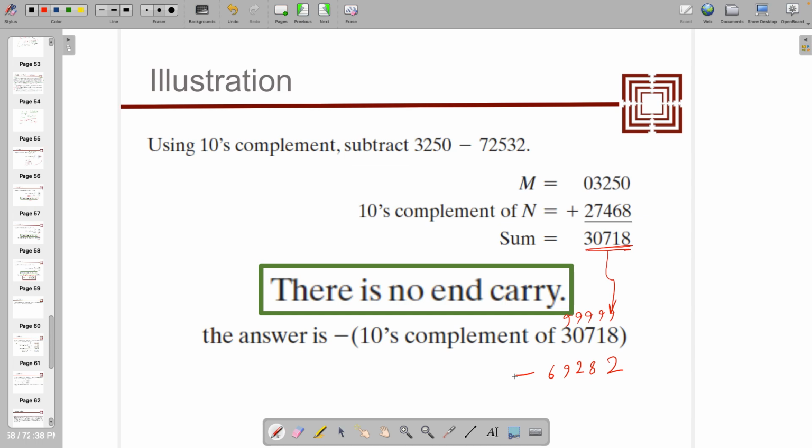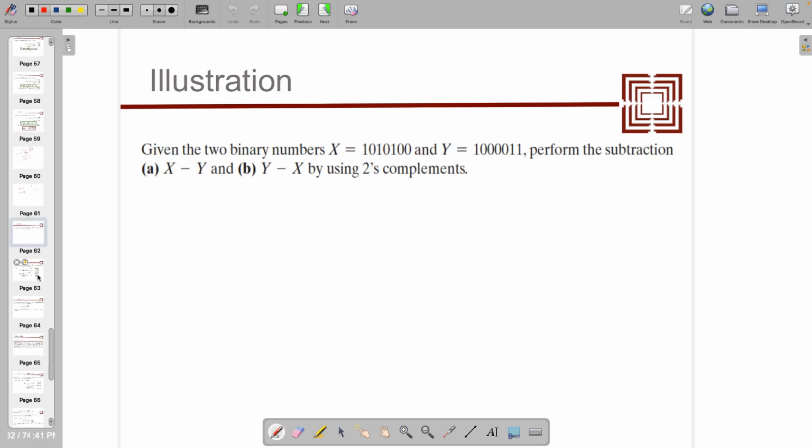Okay, any doubt in this? Then we'll proceed to binary numbers. Look, it's very easy. Using 2's complement, you need to find the subtraction. Look at this: 1 0 1 0 1 0 0. That's x, that is actually M, right?